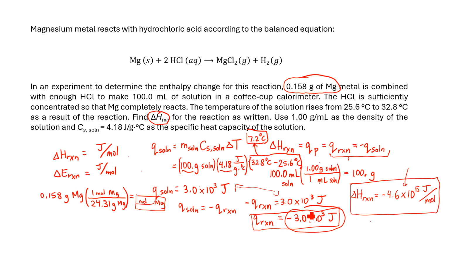I got that number by taking the negative 3.0 times 10 to the 3, and dividing it by the amount of moles of magnesium to get joules per mole. Okay? That's pretty much it, right? We found delta H of the reaction.